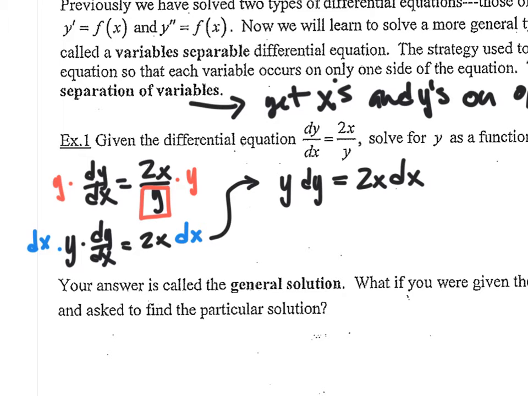Now, the interesting thing is that we want to get y by itself, and we want to get rid of the dy, and we want to get rid of the dx. And the method that we want to use for that is to integrate both sides, okay? And so I can take the antiderivative of this side, and I can take the antiderivative of this side. And as a result, I get y squared over 2 is equal to 2x squared over 2 plus c, okay?